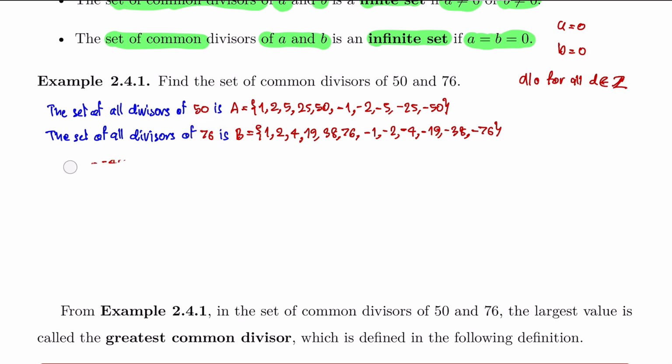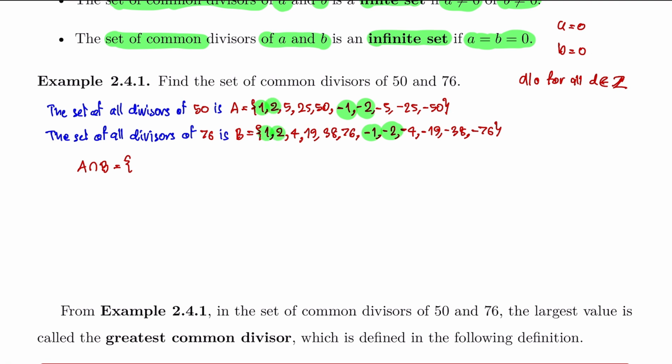And then let's find the common divisors of 50 and 76. So we have to start with A intersect B. What do we have in this set? We have to find the common elements. We have minus 1, minus 2, 1 and 2. That's all of them.